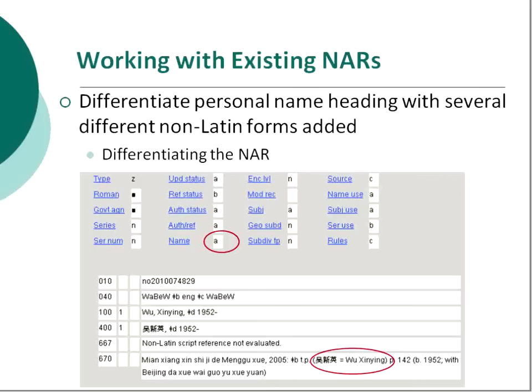So this is another little trick here, but I want to mention it to you in case you get confused. Okay, so this is the first step the cataloger has taken by creating a differentiated new name authority record.